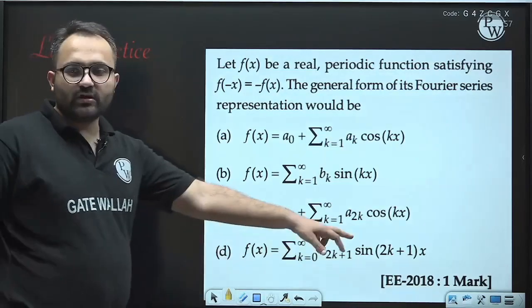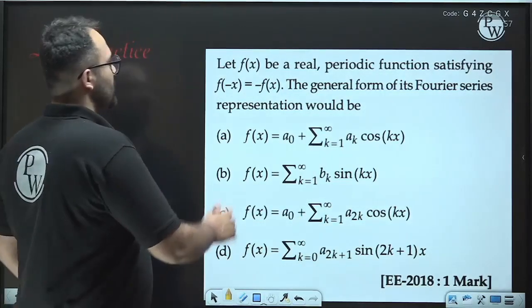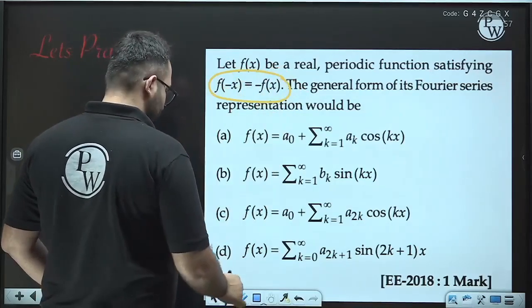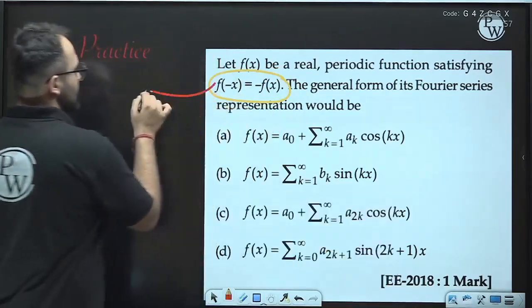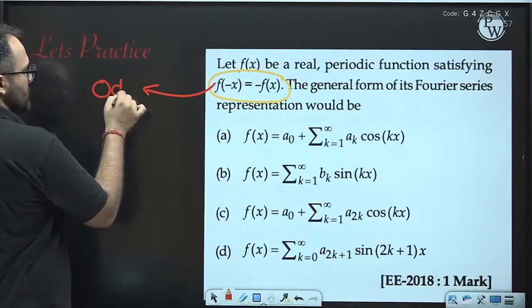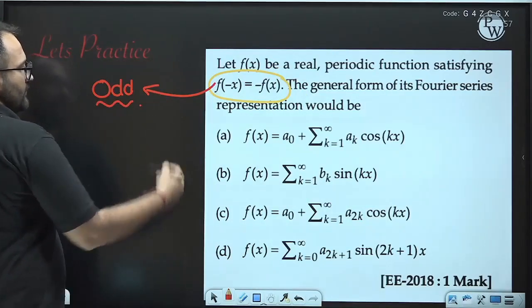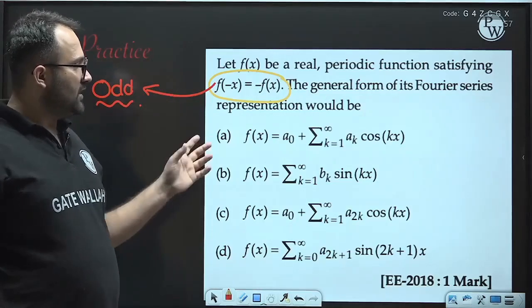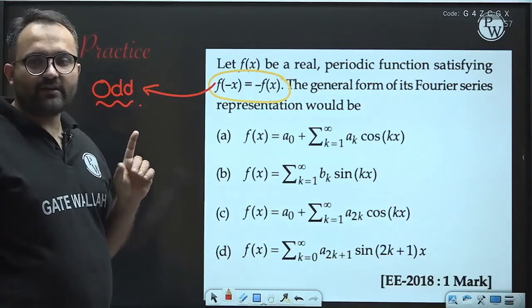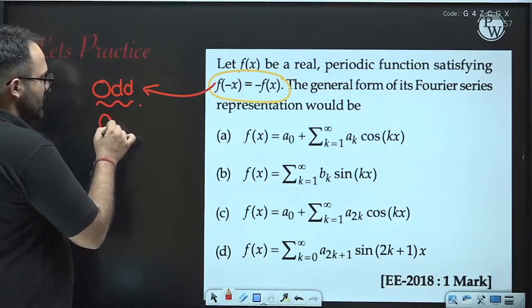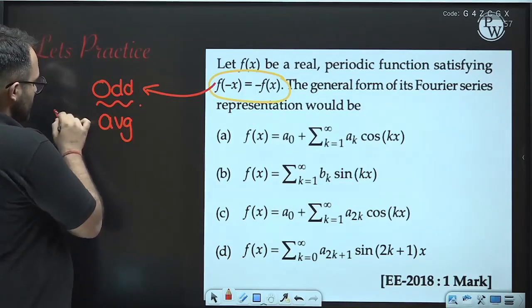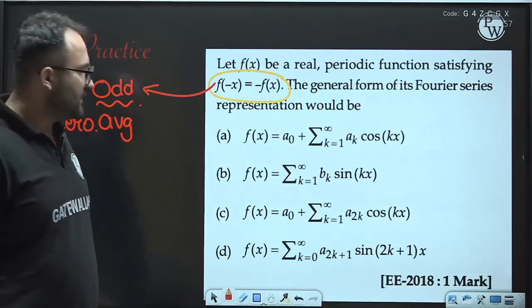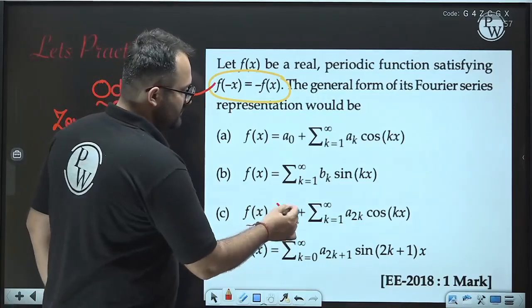This is the EE 2018 PYQ. So we can see that from here the signal is odd. An odd signal has zero average value, so there is no DC term.